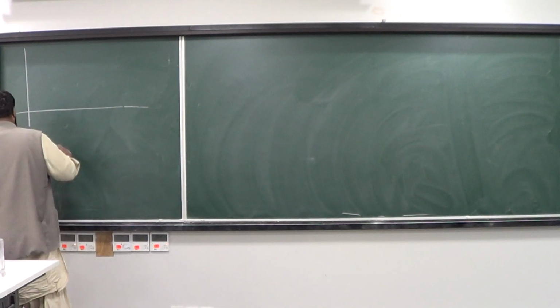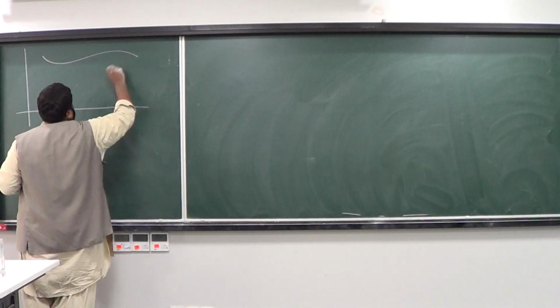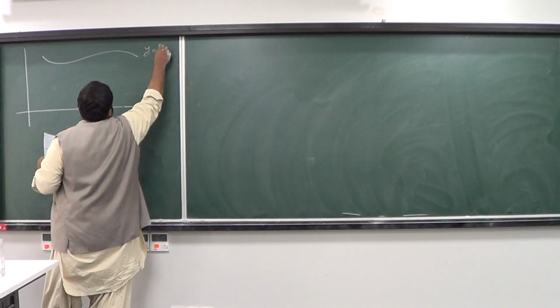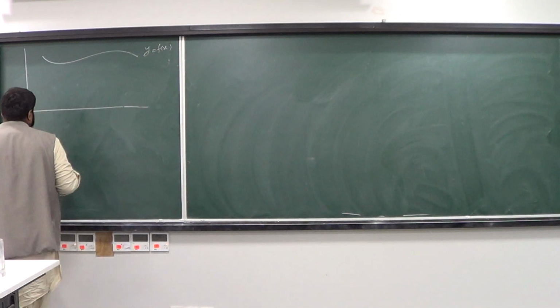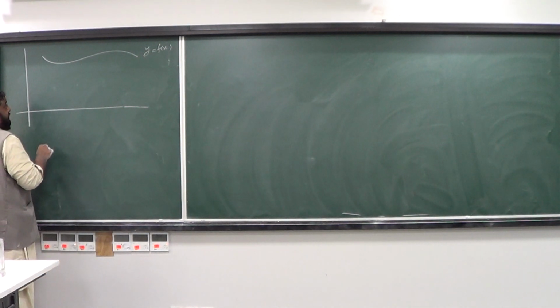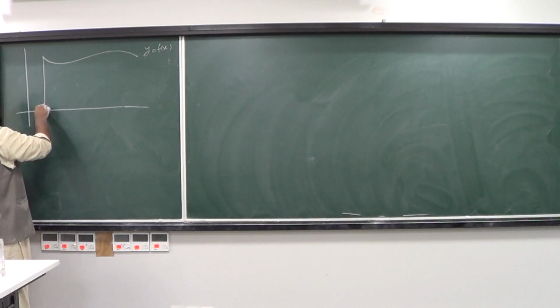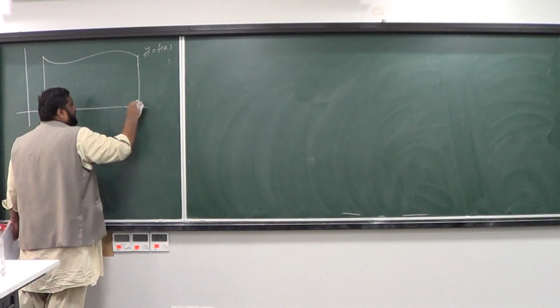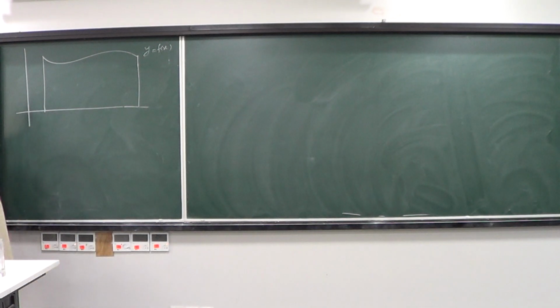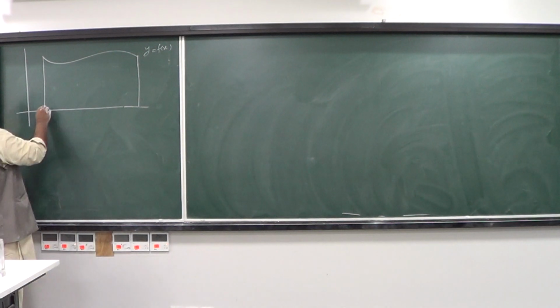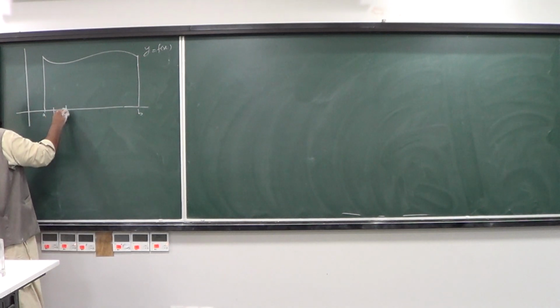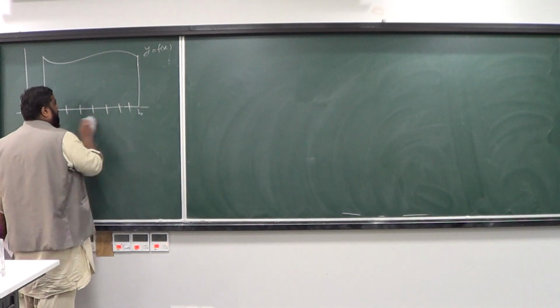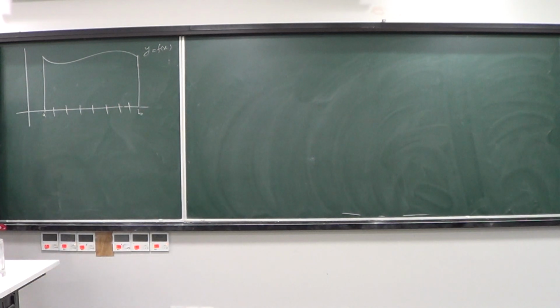Again, say you have this curve y equal to f of x, and I want to talk about this curve and the area under this curve. This curve is defined on the interval a to b, and split it into a lot of subintervals. Assume this is a zoomed version of a lot of intervals.